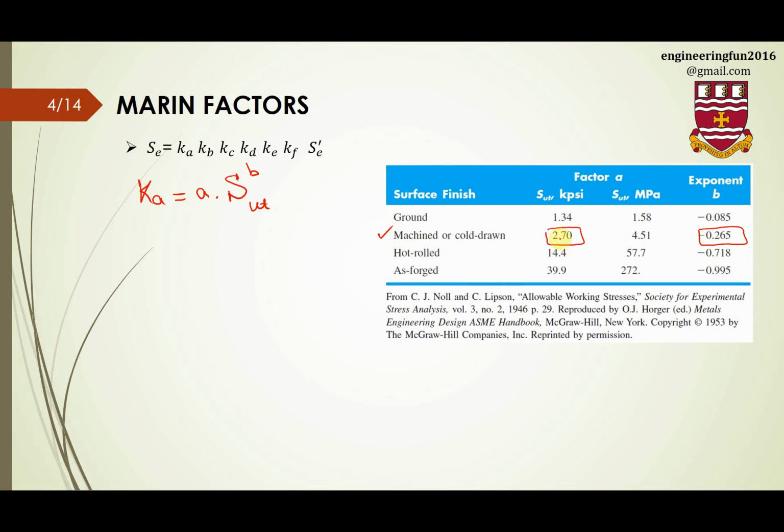So in this case, that will be 2.7 times Sut to the power of this number. If we are in the SI system, exponent b is the same, but the coefficient we need to use is that one. Okay, so that's for the factor Ka.